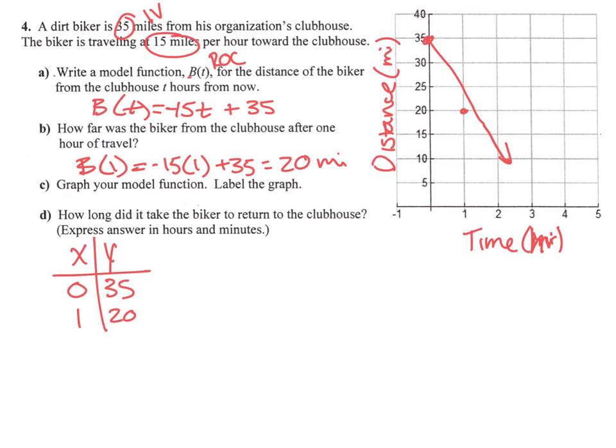So my total distance is now 0. So 0 equals negative 15t plus 35. Okay, and I have to solve for t. How long did it take me to get to 0 miles away?